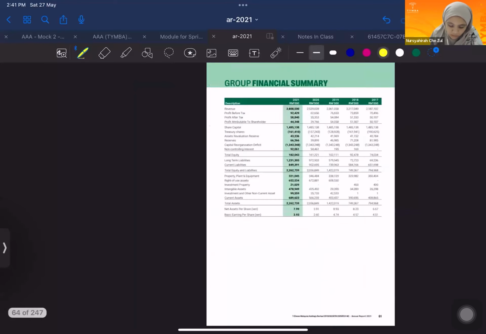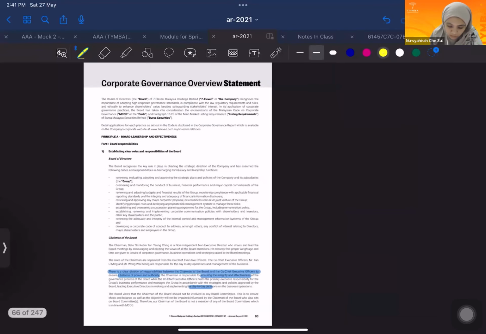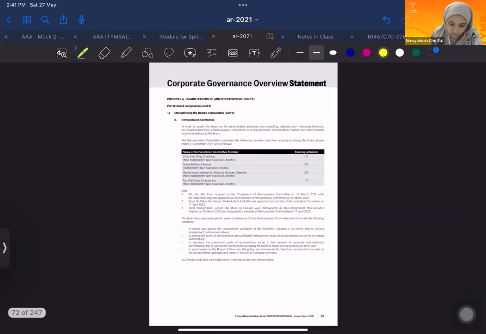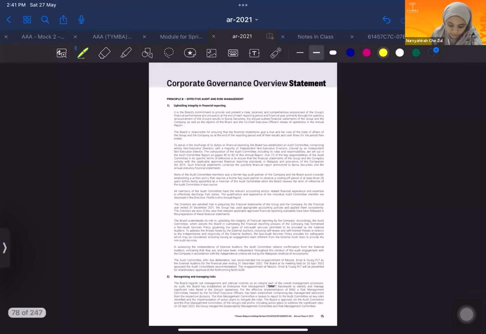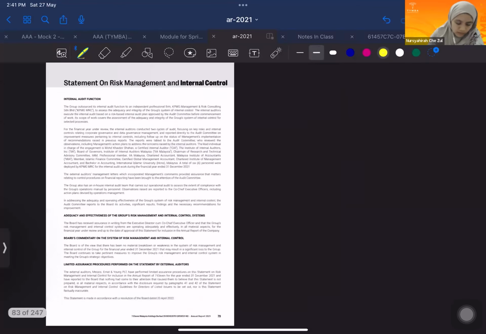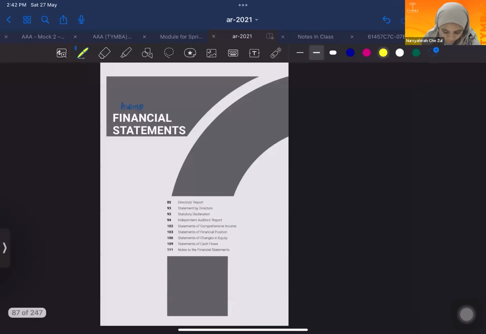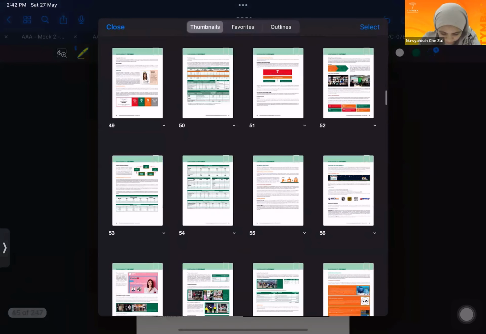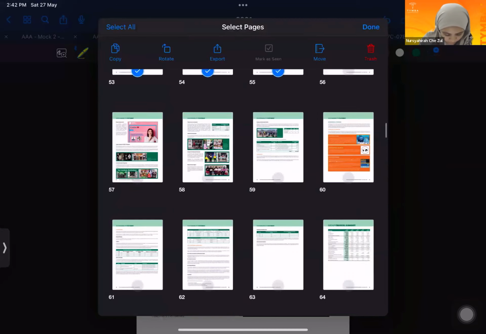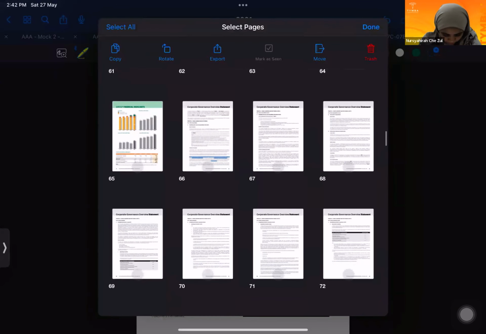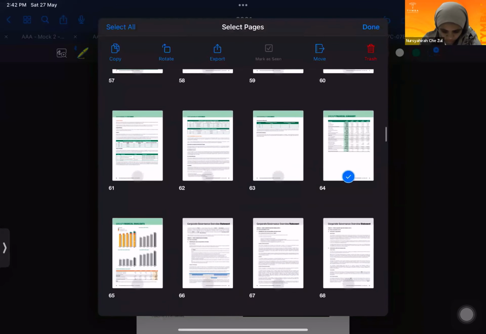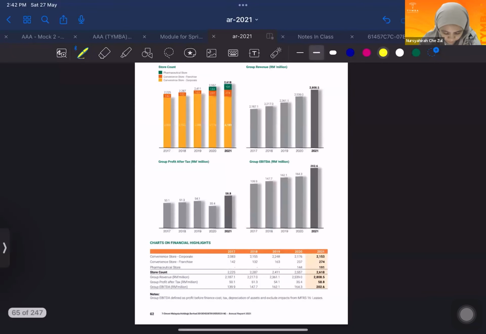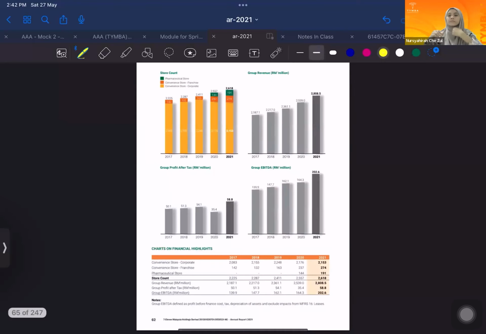This one. Ini dah corporate. Corporate governance. Time nak ni lah tak ada. Okay lah, never mind lah. Yeah, I try one more time. Is it under sustainability? Group financial summary, apa ni? Okay lah, can lah.